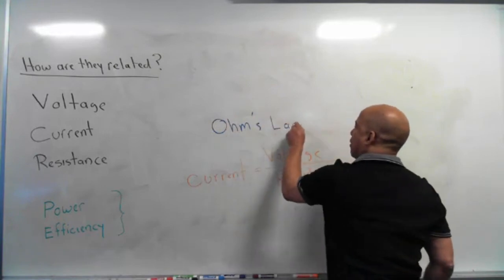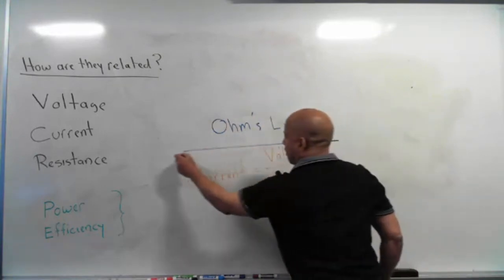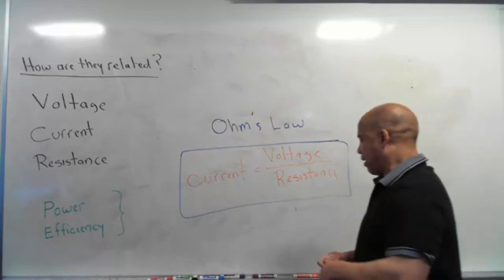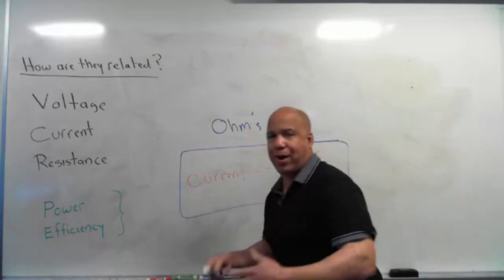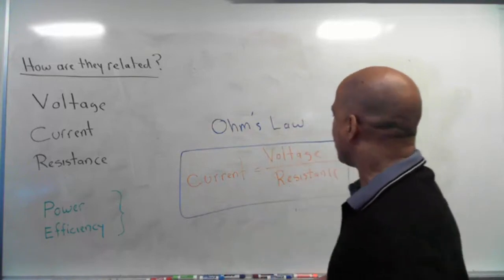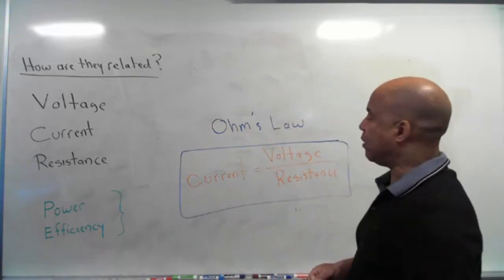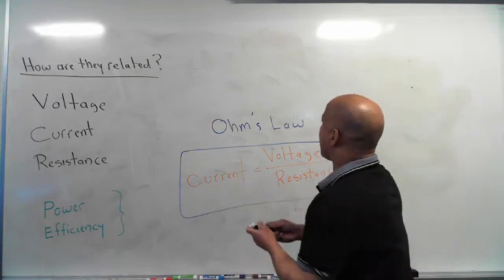And typically when we have these relationships, we don't want to write out words. We use symbols to represent each quantity. And I already mentioned in the last class, we use I for current.